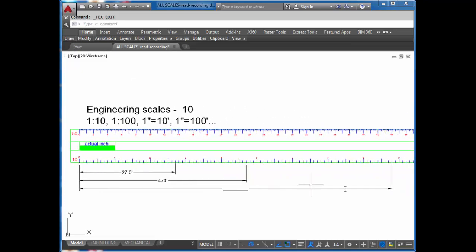So this last one, let's imagine that this is 1 inch equals 10 inches. And what would it be?